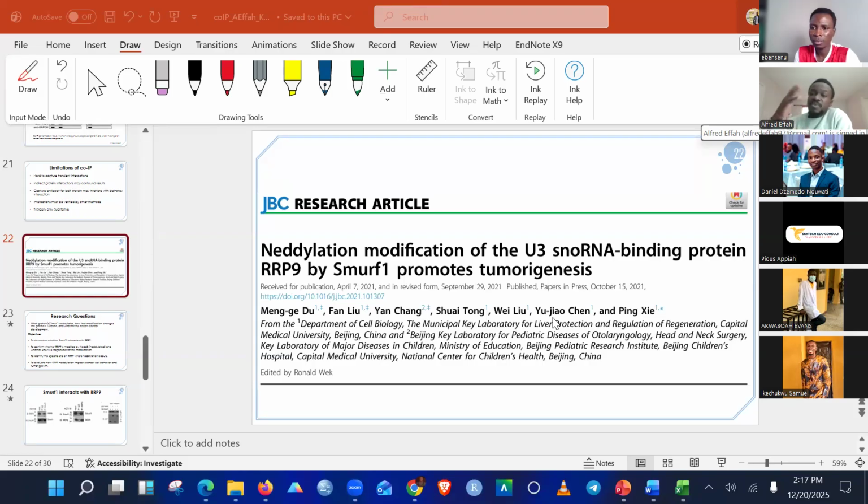So if we suspect that the modifications are there, then in our sample preparation, you make sure that you include phosphatase inhibitors. You know, phosphatases are ones that dephosphorylate the proteins.